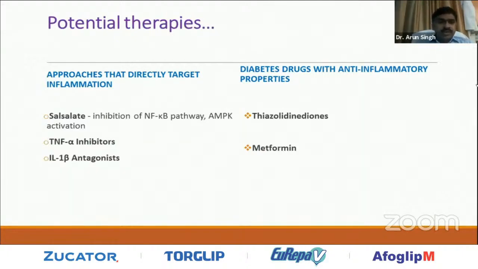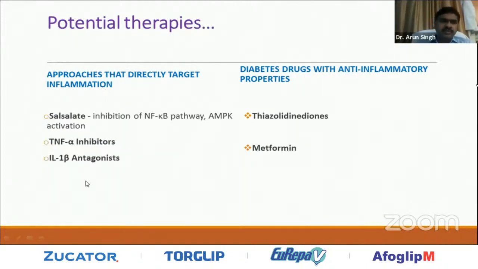So what is there in the pipeline? We have interventions for weight loss, but right now we do not have interventions to correct or target adipocyte distribution or adipocyte dysfunction. There are different molecules being studied. Broadly, approaches can be categorized into ways that directly target systemic inflammation.